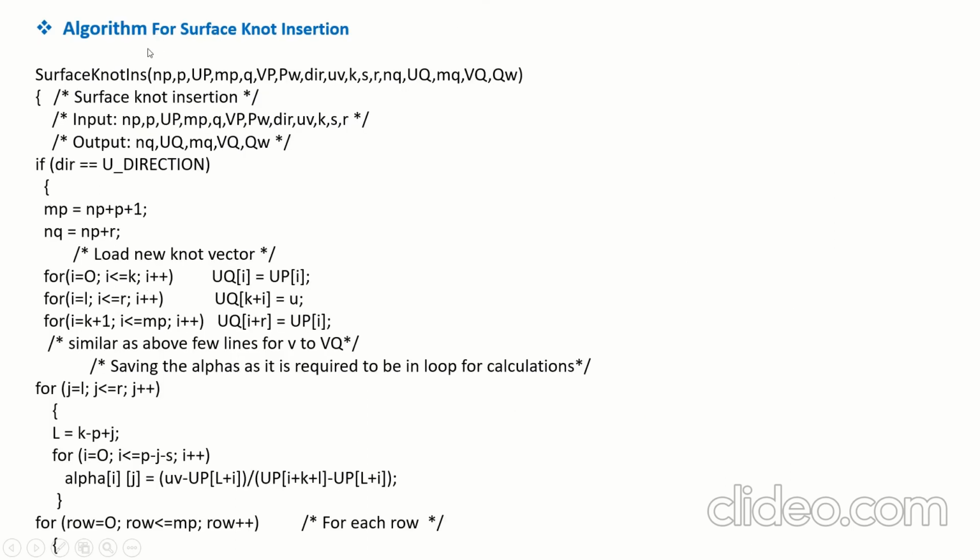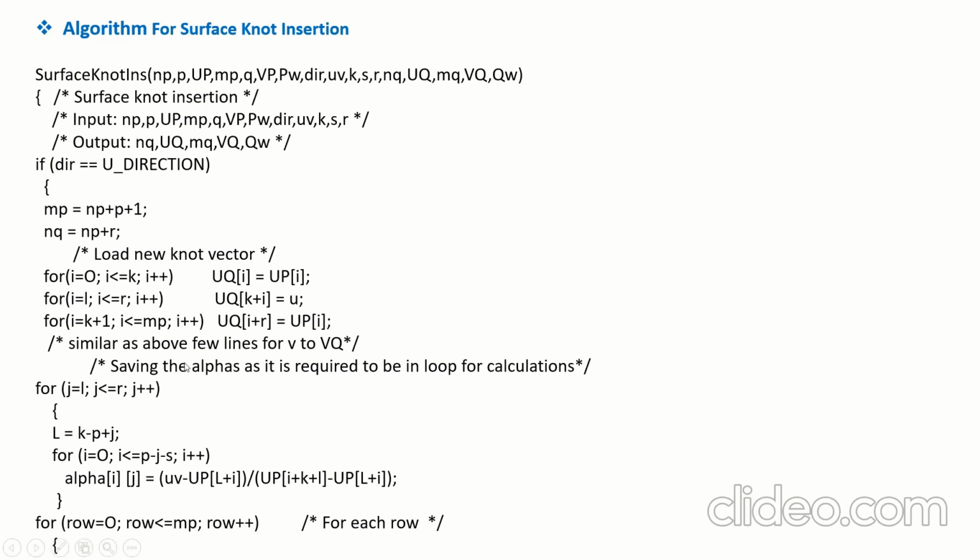Shown here is the algorithm for surface knot insertion. This is very similar to the knot insertion done on curves, but the difference is that there are two loops, one for the u direction, one for the v direction, depending upon whether we're doing it in a single direction or two directions.